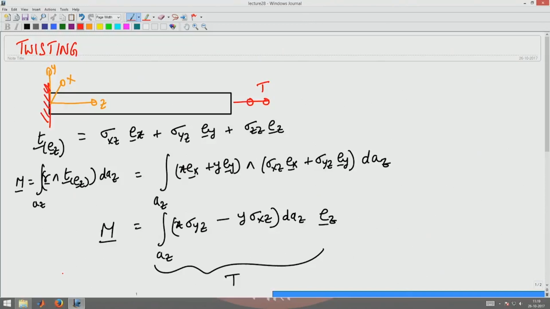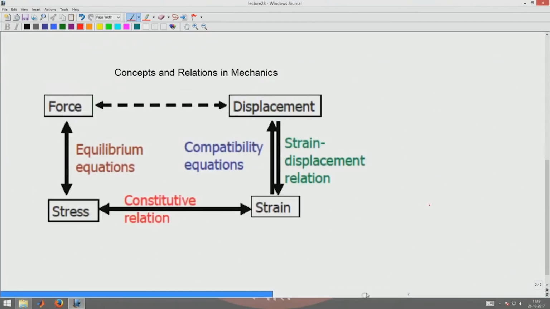As always, what we do is start with the displacement field, use the strain displacement relationship to get the strain, use the constitutive relation to get the stress, and equilibrium equations to get the forces or moments or whatever unknown displacement components that we had. So to assume a displacement field, we have to hypothesize on a possible mode of displacement.